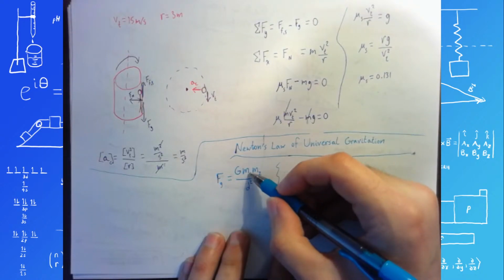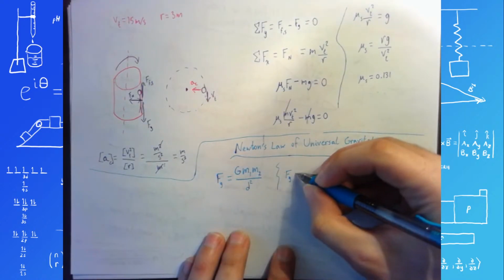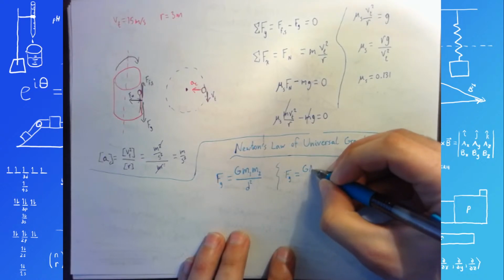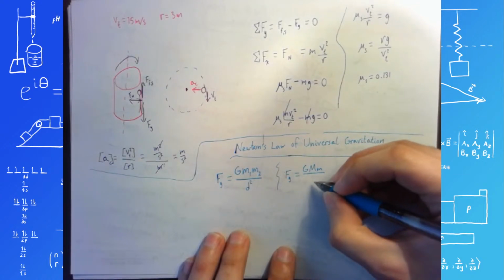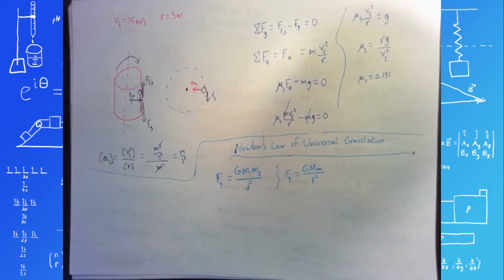And in fact, you might also see the m's written differently. Something I like to do, because usually we have something really massive, like a very big mass and a very small mass, is to use a capital M and a lowercase m for the two masses, and then you'll see r squared instead of d squared. Same thing.